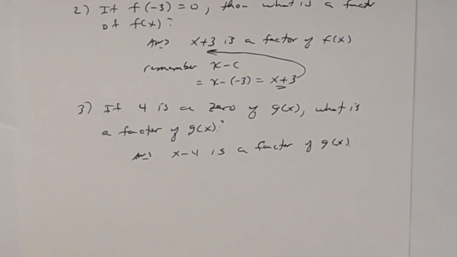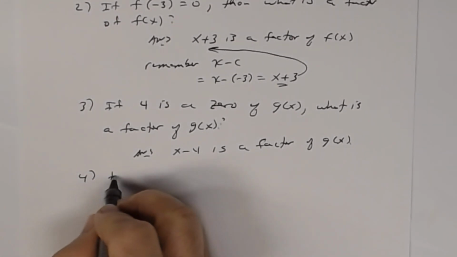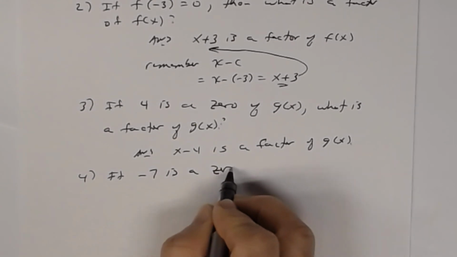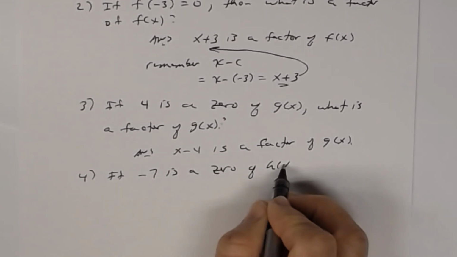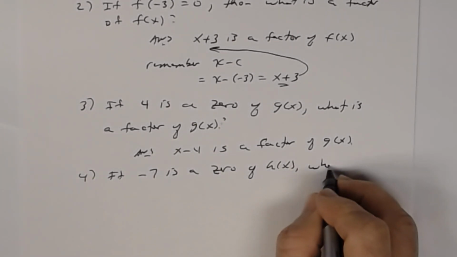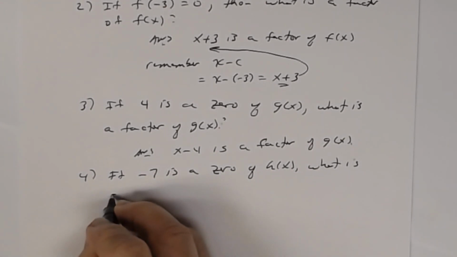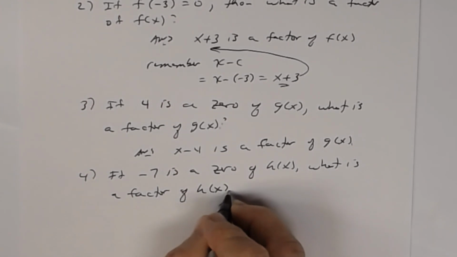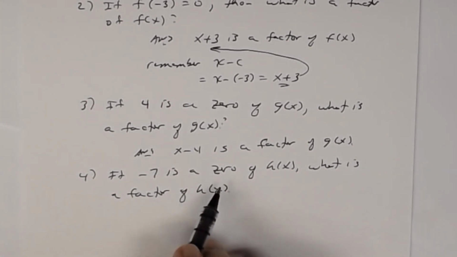What about number 4? If negative 7 is a zero of h of x, then what is a factor of h of x?